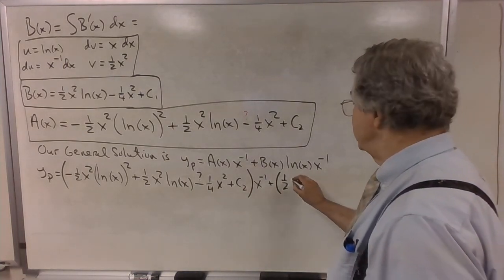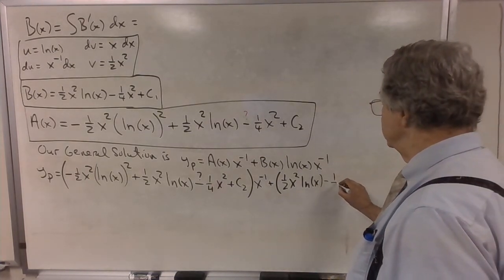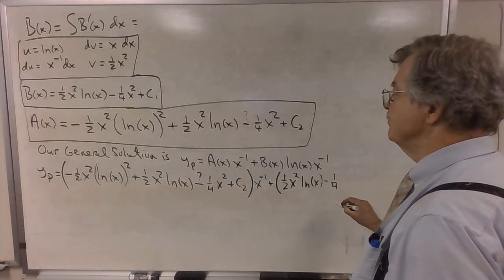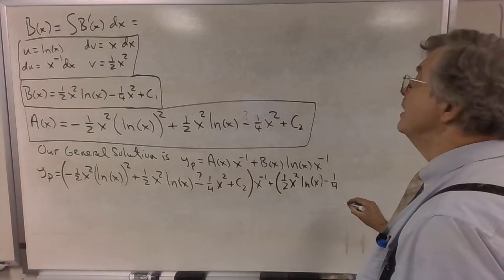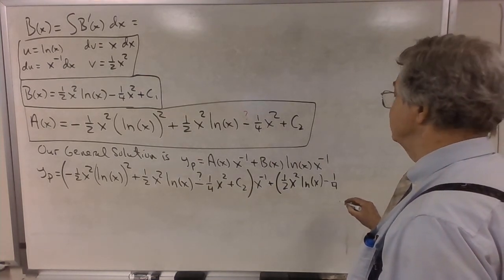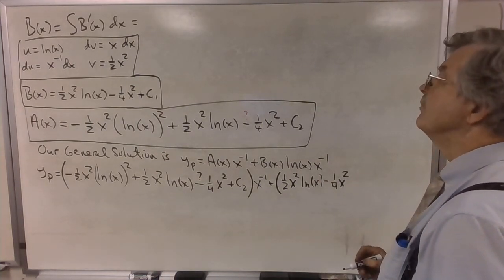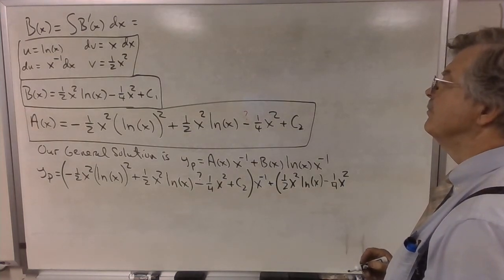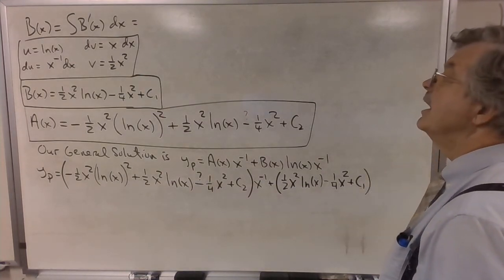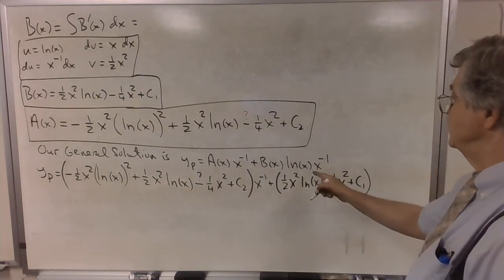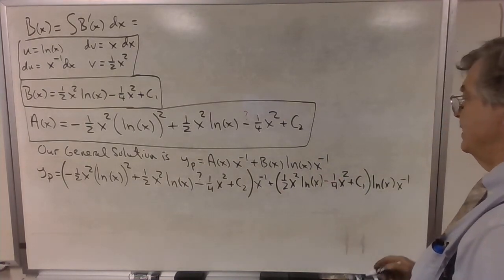One half x squared natural log of x minus 1/4 x squared plus c1 times natural log of x, x to the negative 1.